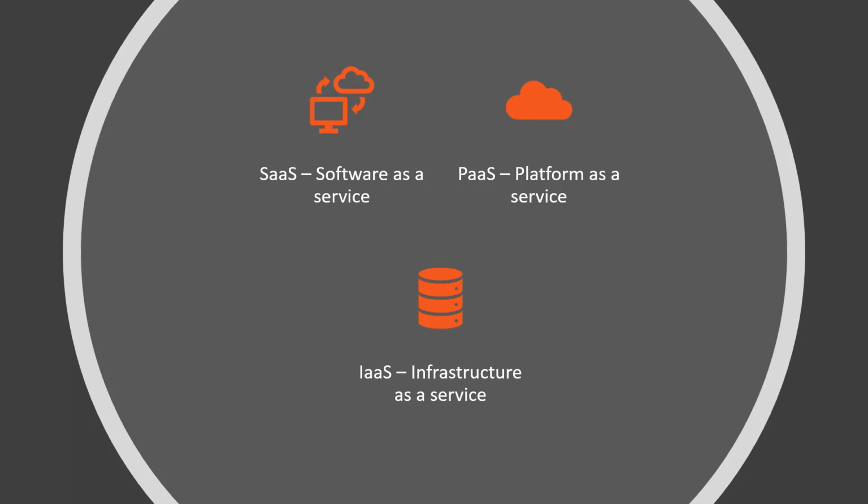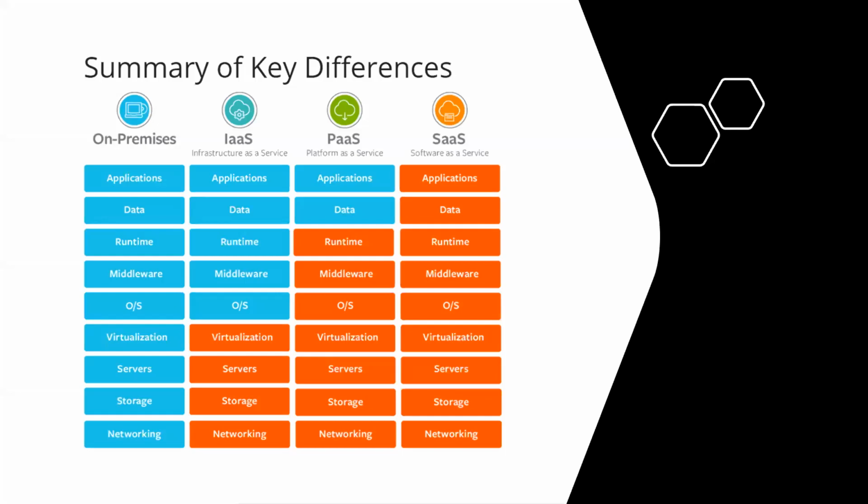So in cloud computing, we have three models: SaaS, software as a service, PaaS, platform as a service, and IaaS, infrastructure as a service. The difference between these three is how much control we have over the application, database, network, middleware and the other components. In the SaaS model, we will not have any control over it.